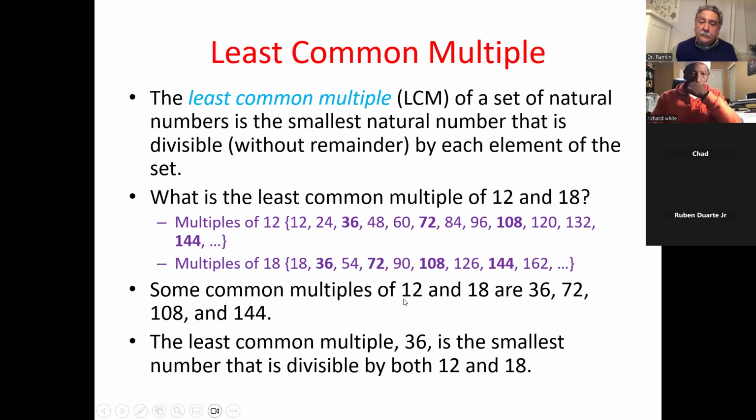Some common multiples of 12 and 18 are 36, 72, 108, and 144. The least, the smallest common multiple is 36. In other words, the smallest number that can be a multiple of 12 and 18 is 36. 12 times 3 and 18 times 2, they are both 36.